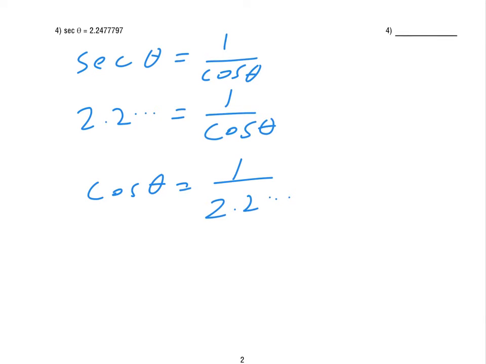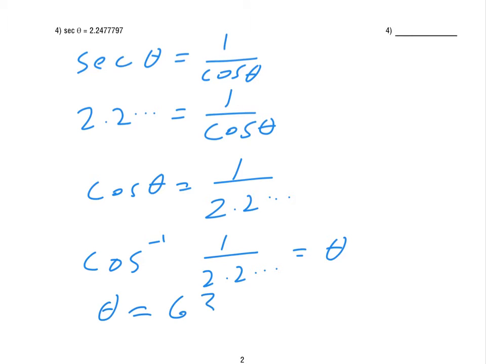And so I use the inverse cosine of that number. That will give me my theta. So inverse cosine of that number will equal theta. So we'll do that on the calculator. And we come up with theta being about 63.5841175.